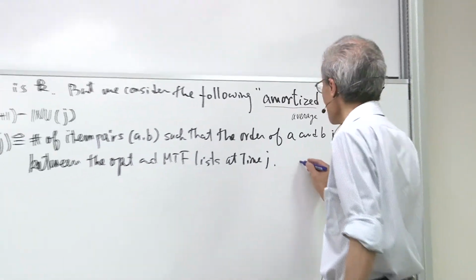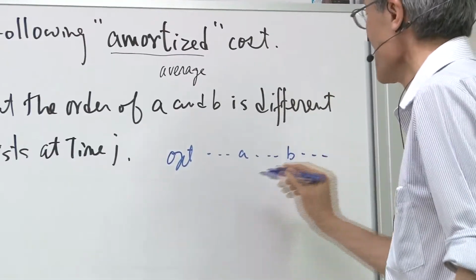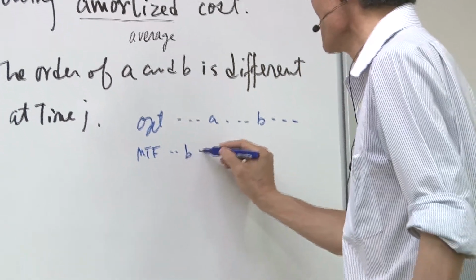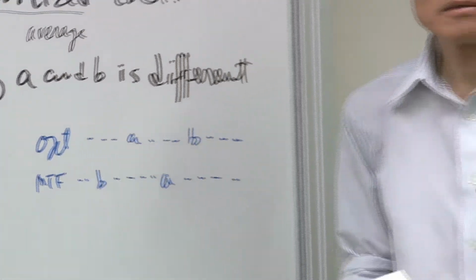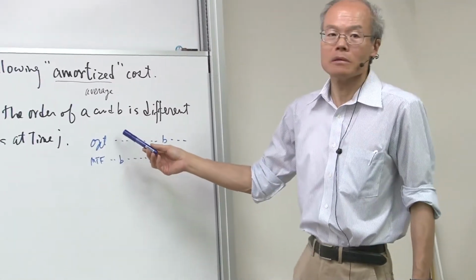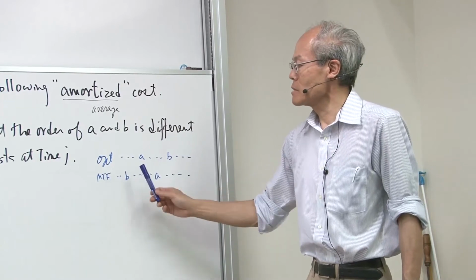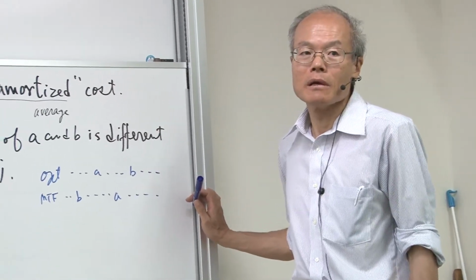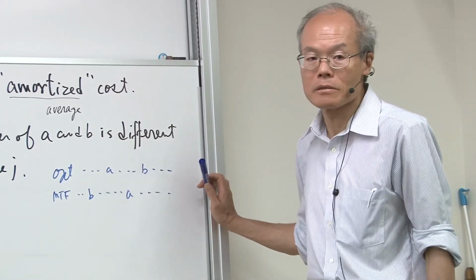That means, like this: in the opt list, the order is A, then B, but in the MTF list, it's B, then A. This is what I mean: the order is different in the two lists.